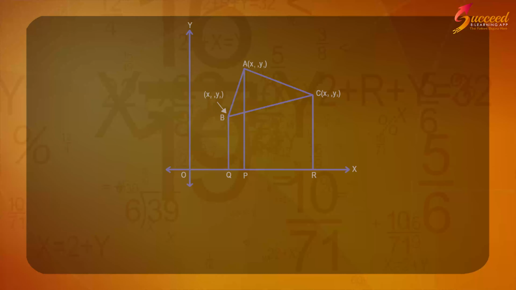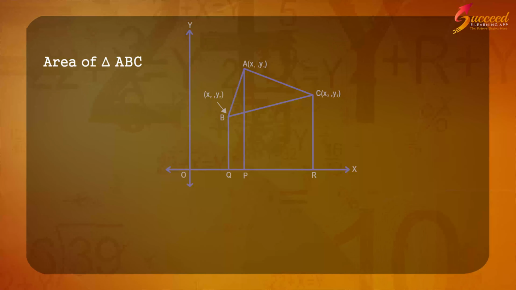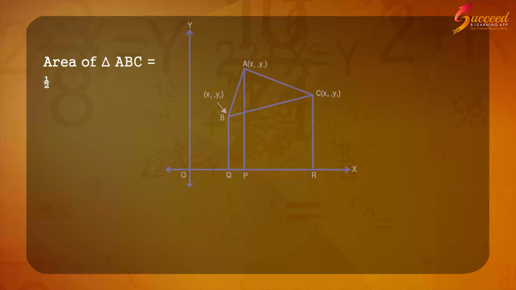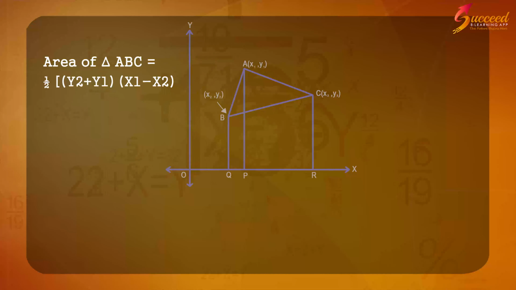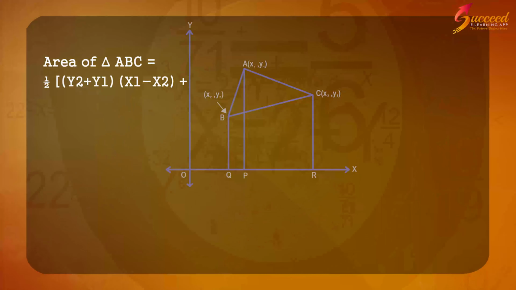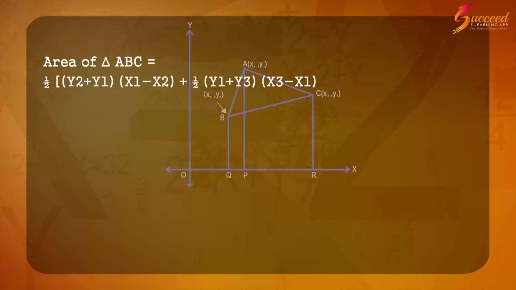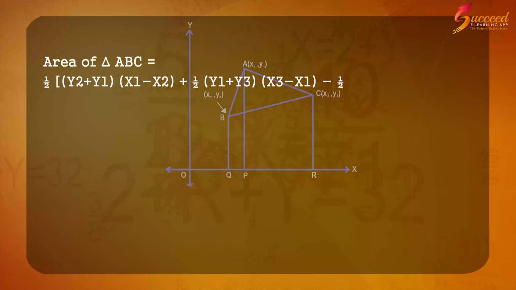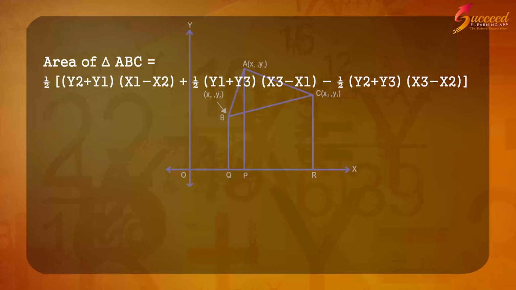Therefore, we can say area of triangle ABC is equal to 1/2 into (y2 plus y1) into (x1 minus x2), plus 1/2 into (y1 plus y3) into (x3 minus x1), minus 1/2 into (y2 plus y3) into (x3 minus x2).